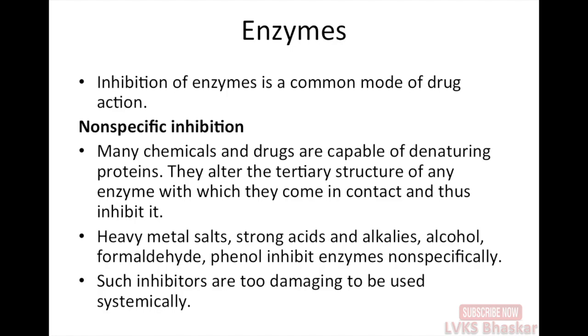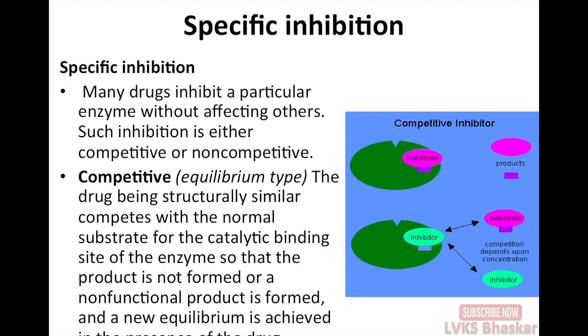Heavy metal salts, strong acids, alkalis, alcohol, formaldehyde and phenol inhibit enzymes non-specifically. Such inhibitors are too damaging to be used systemically, because they change the tertiary structure of the enzyme itself.